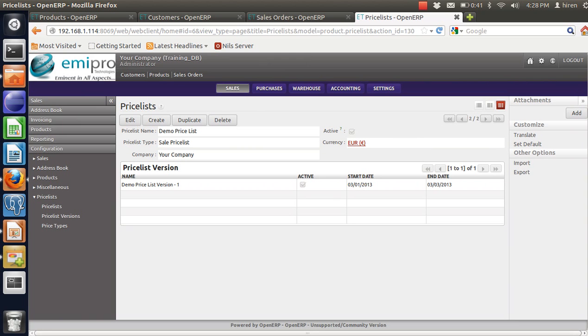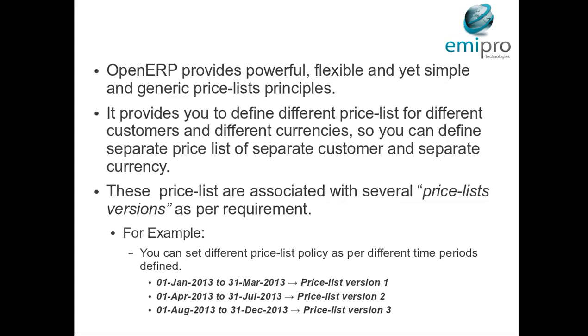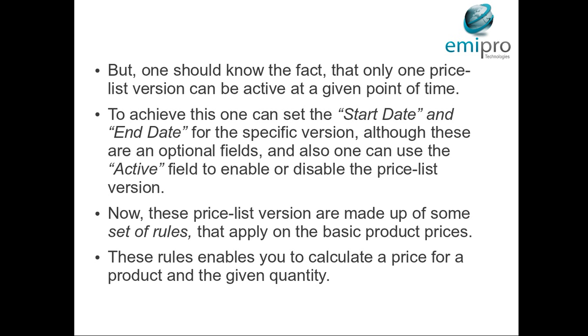So this is how we have defined the price list and the price list versions. Now let's move ahead. As I said, these price list versions are made up of a set of rules that apply on basic product prices. These rules enable you to calculate a price for a product and the given quantity.